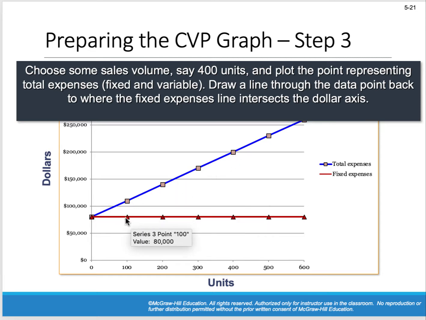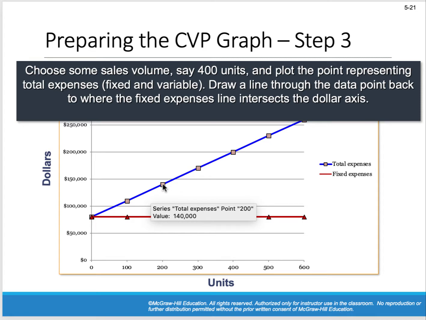So the blue line that we have here is our total expenses. What we did was we said, okay, we have our fixed, and now we're going to plot our total, so we're going to include fixed and variable. The total expenses at 100 units is $110,000.